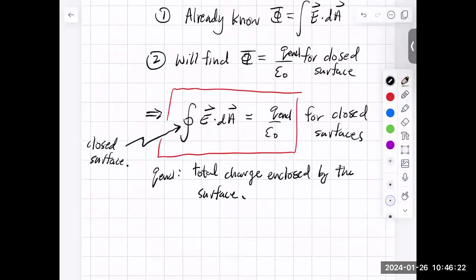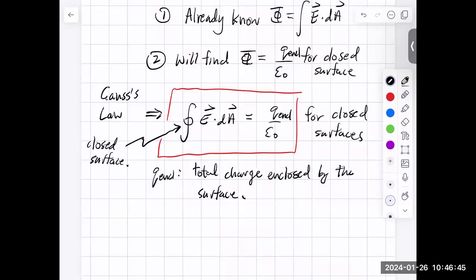What we're going to do is use Gauss's law to calculate how the electric field behaves around certain types of charge distributions. In general, this integral is hard to evaluate.